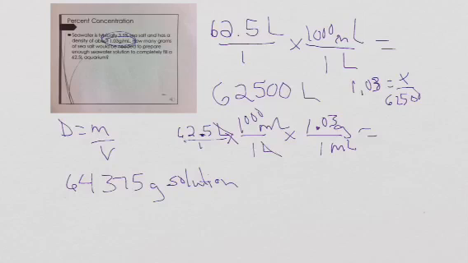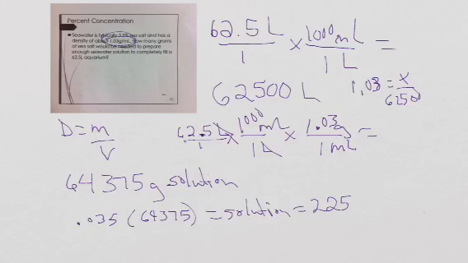If we take 3.5% of that number, we get the amount of solute that we need to dissolve to make our fish tank. And I am getting 2,253.125.